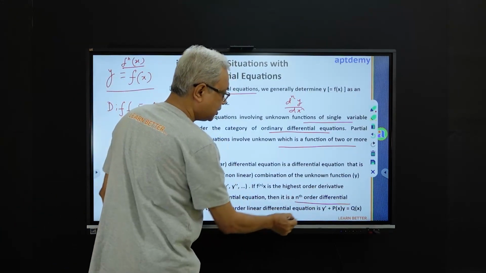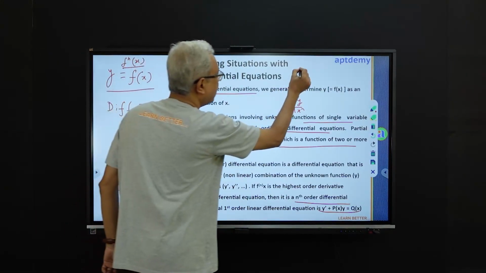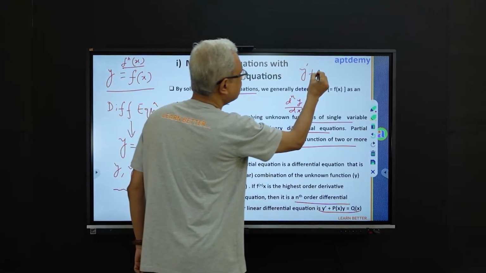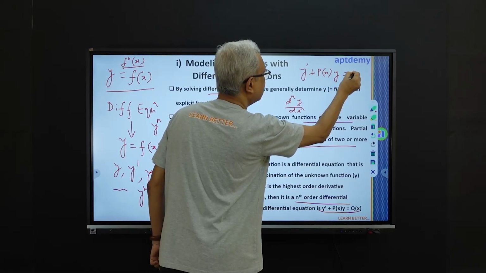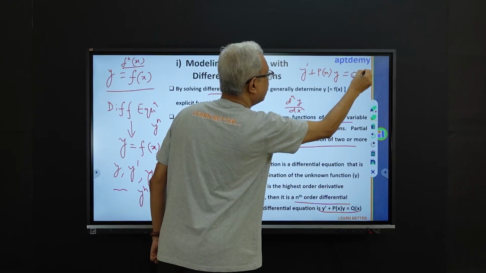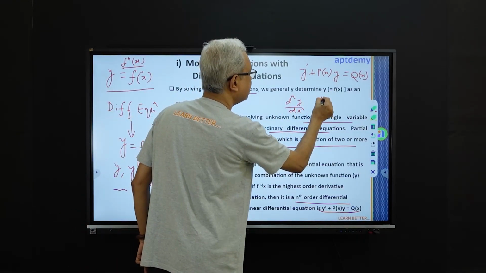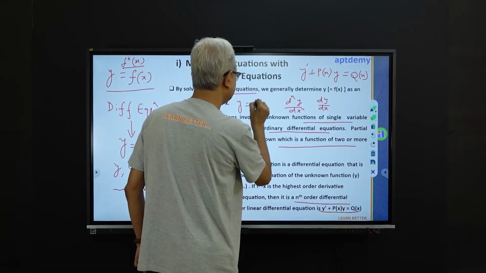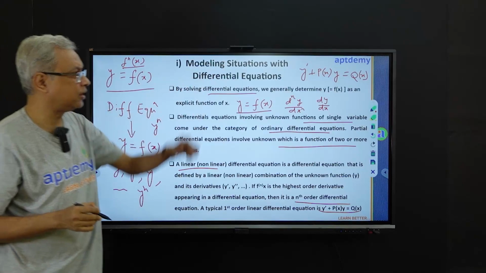Say, for example, this is a differential equation: y dash plus p(x) y equal to q(x). Y dash is nothing but dy/dx, and y is actually a function of x. This is the unknown function to be determined by solving the differential equation.